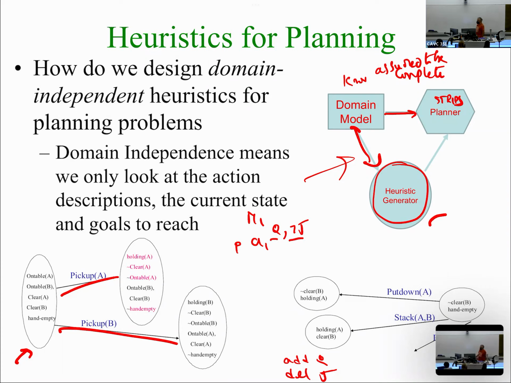But really, all you need to ensure there are no negative interactions is that all the literals are of the same polarity. You can go with all negative literals or all positive literals. So you can either ignore the delete list or ignore the add list.